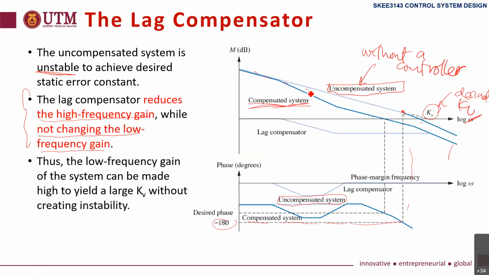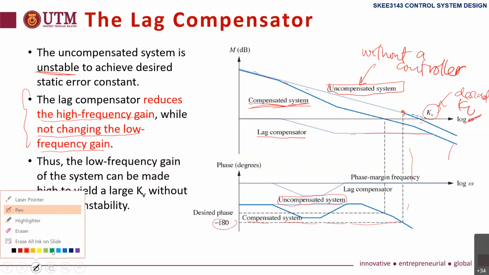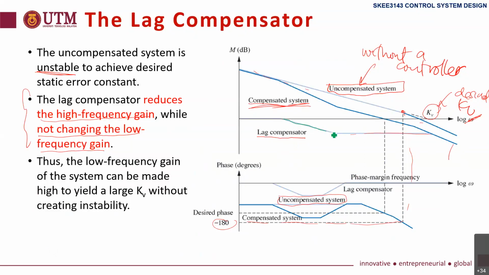Okay. So now by using the lag compensator, as I show, it's like this. By using the lag compensator, we can reduce the gain at this point. See, initially unstable, now it becomes stable. And this is the lag compensator phase.